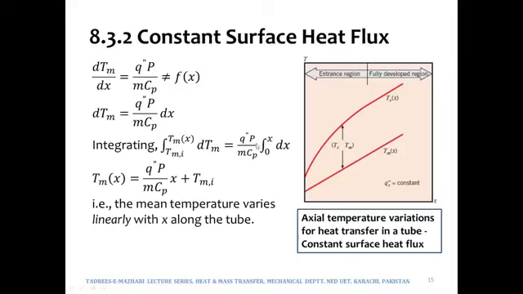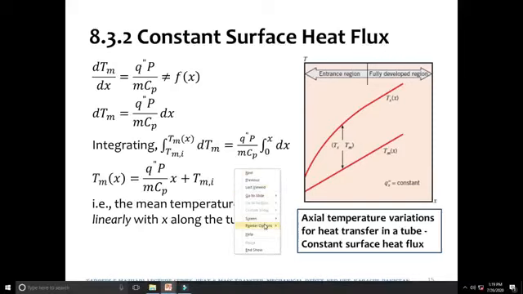Whereas on the right hand side it would simply be integral of dx, because as just said, all those things are in fact independent of x. So integrating the left hand side would give us Tm, and if we put the limits, it would be Tmx minus Tmi, upper limit minus the lower limit.